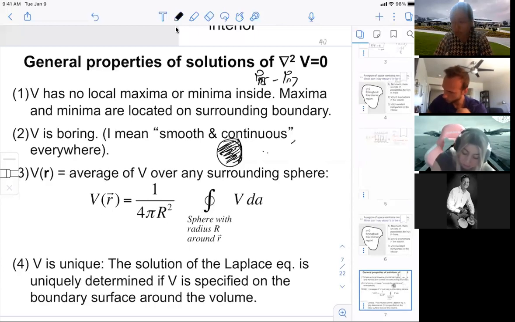The third property is that if you are interested in the V, you can always find the V by looking at a surrounding sphere. If you are curious about V at this point, you can draw a little sphere of radius R, look at the V around that sphere, and divide it by the surface area.